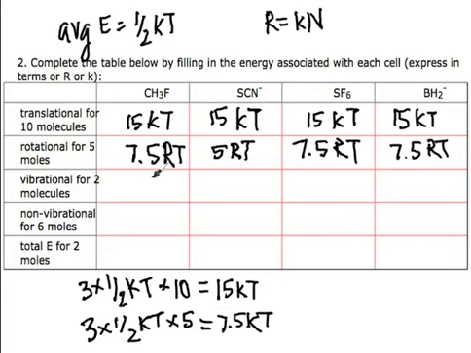We're going to do 15 minus 3 for translational, minus 3 for rotational. So that's going to give us 9. Then we can do 9 times 1/2 times 9, and that's going to give us 9 kT.